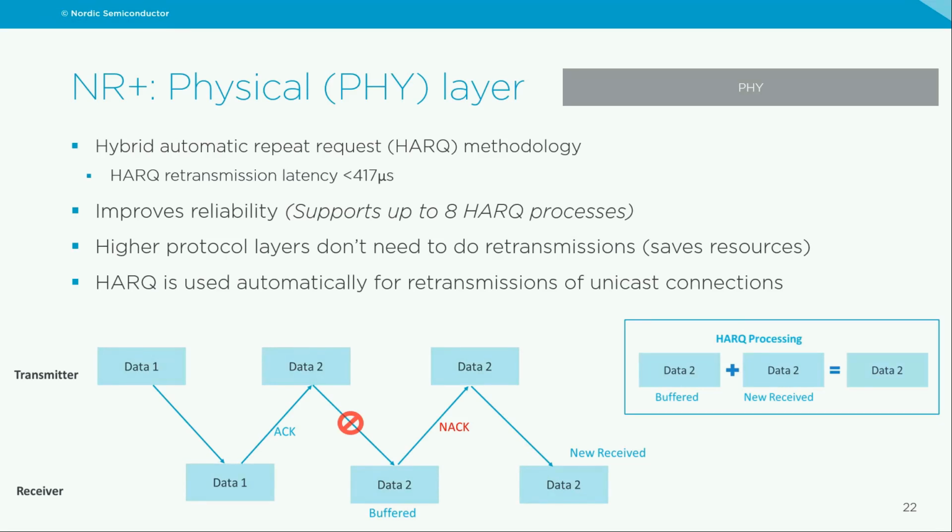And the transmitter sends data 2. This time, the receiver doesn't receive everything. So it buffers what it has received and tells the transmitter, okay, not everything is received here. So then the transmitter sends the rest of the data again. And then the hybrid processing puts all of this together to get the data to here.